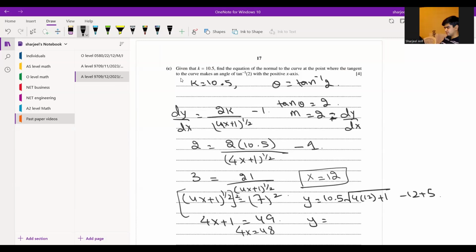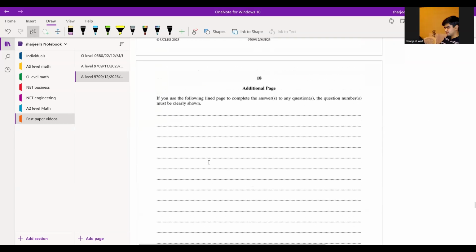So this will become 10.5 into 7 minus 12 plus 5. y is equal to 66.5. So the coordinates are 12 and 66.5, and that is our answer. So this was the paper. Thank you.